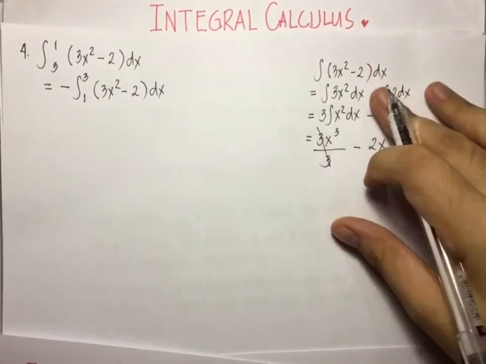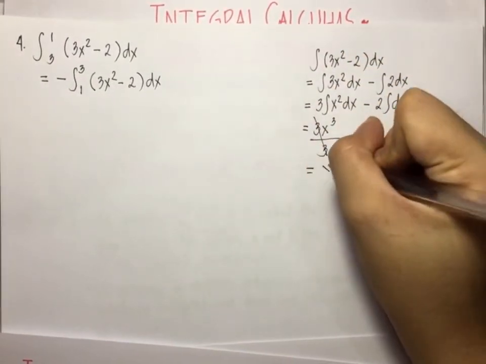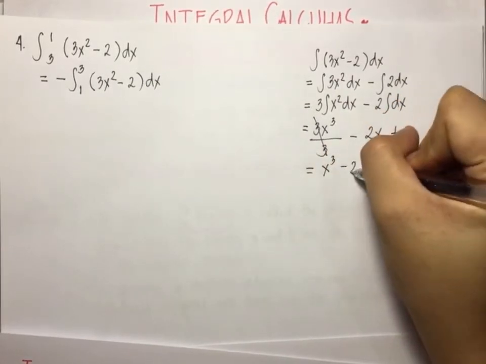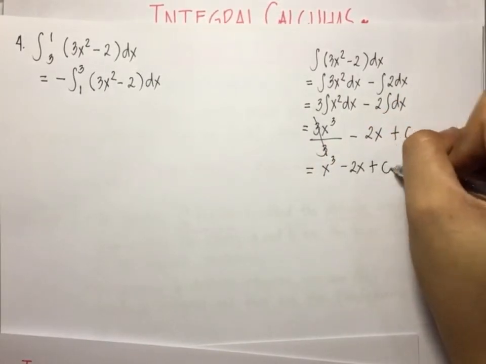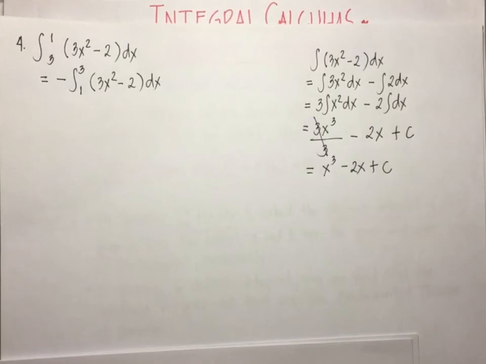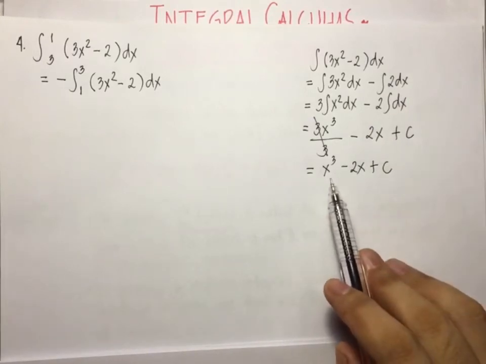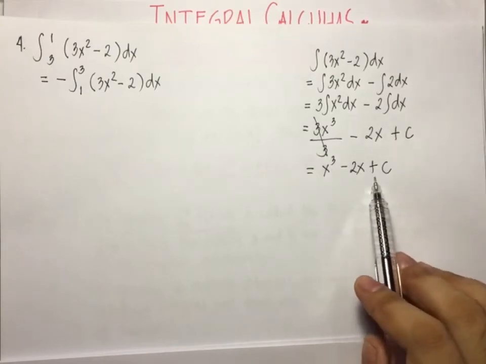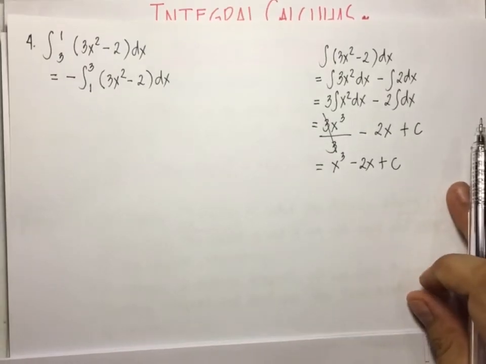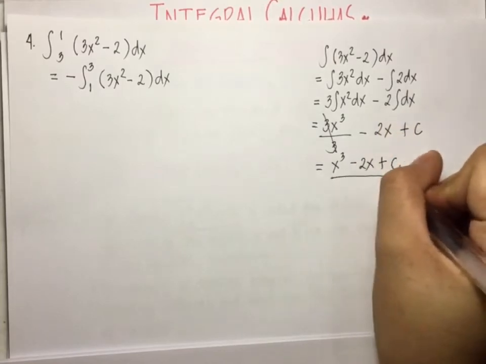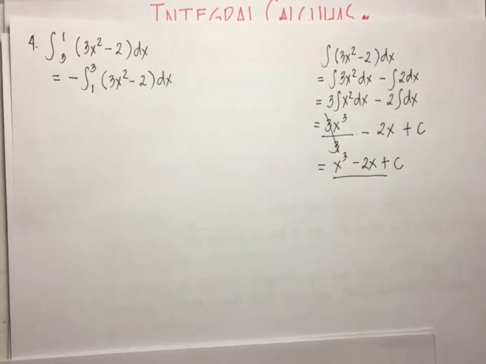We cross out 3, we're left with x cubed minus 2x plus c. So the integral of 3x squared minus 2 times dx is equal to x cubed minus 2x plus c. However, we just need to copy x cubed minus 2x.